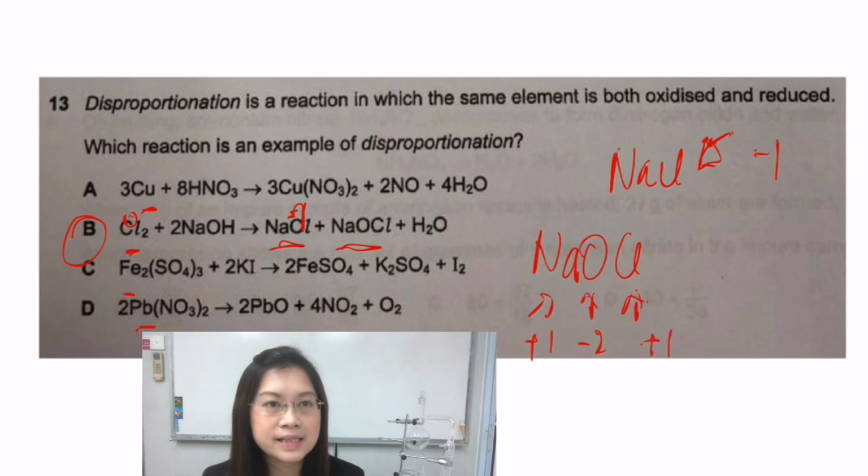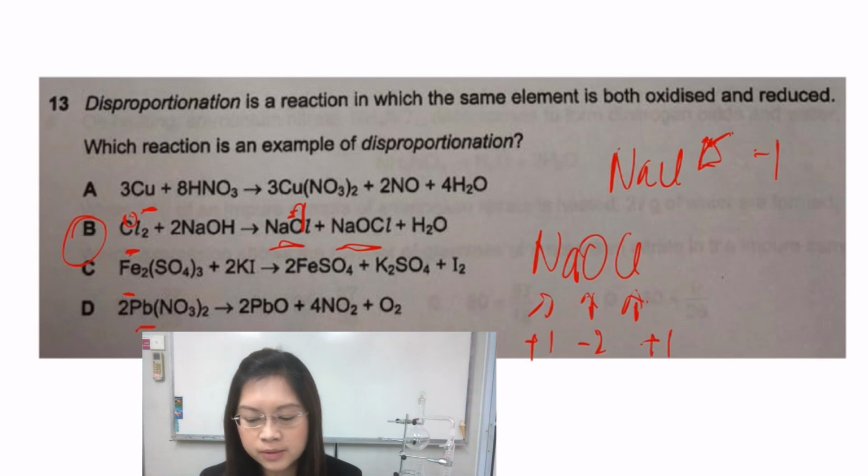So you can see that the chlorine has undergone oxidation, whereby the oxidation number increases from 0 to +1 in the sodium chlorate, and it has also undergone reduction, whereby the oxidation number decreases from 0 to -1 in the sodium chloride. Okay, so that's why B is the answer for this question.